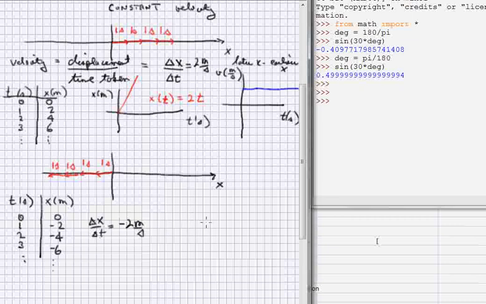The x versus t would look like this. So here's my x versus time in seconds. It's going to look like this.